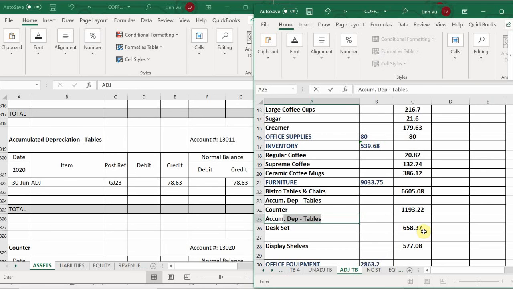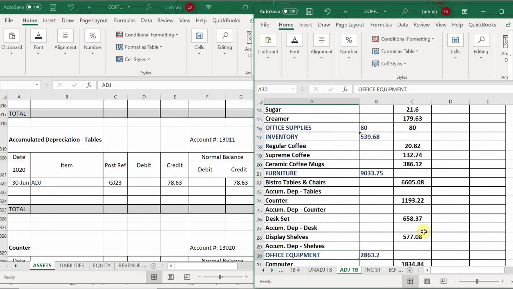Okay, accumulated depreciation, counter. I'm just going to list them out. Accumulated depreciation for the desk. And then accumulated depreciation for the shelves. Okay, so each one is going to change the value of the total amount of the quantity for the furniture, right?